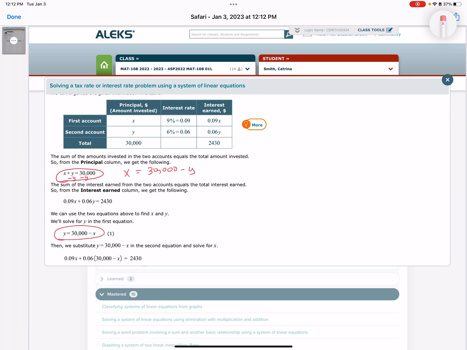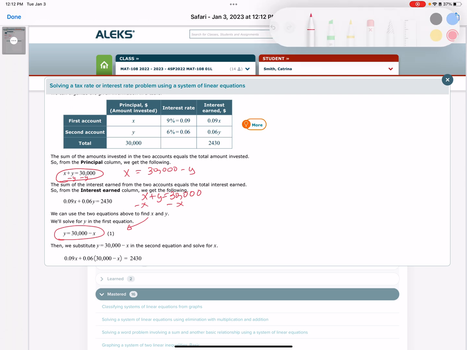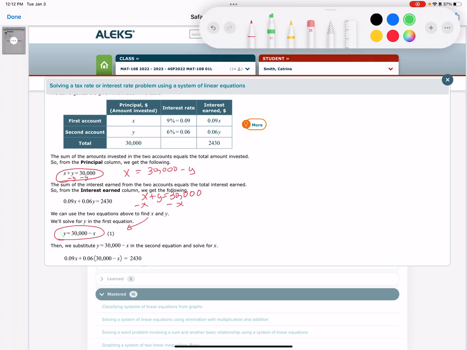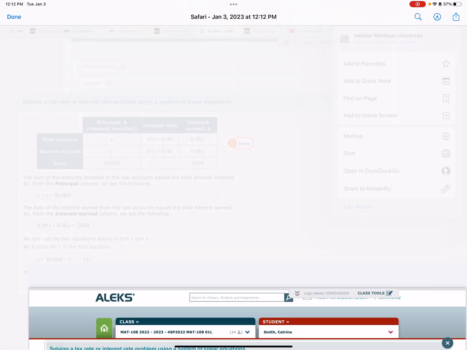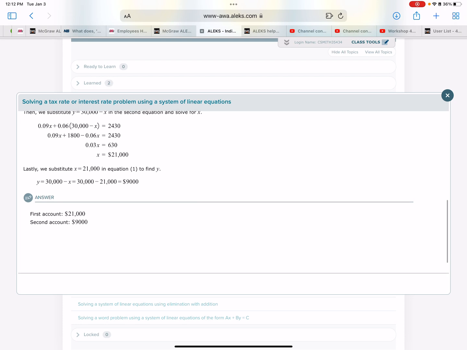That's what the publisher chose to do, to subtract X from both sides and have X plus Y equals 30,000. You get the same thing here. So either way, it doesn't matter. But what you're going to do is you're going to say, okay, hey, look at this. Y is equal to this, so I'm going to put that in for y. And then you're just going to do a little bit of algebra and solve for your answer.